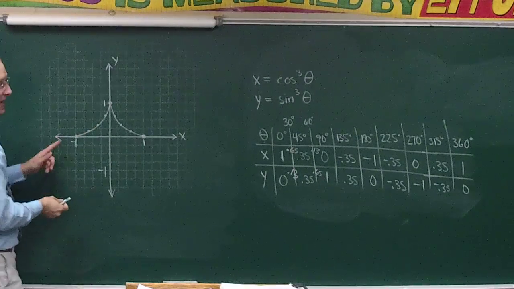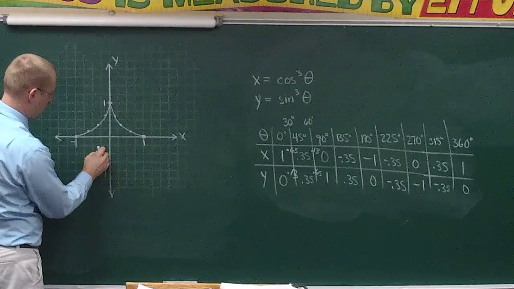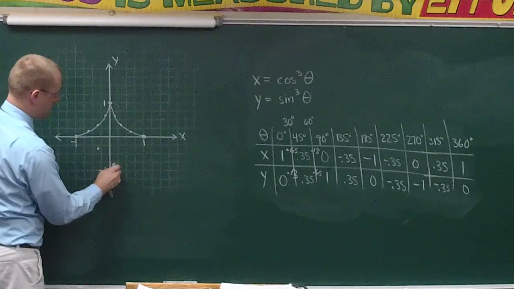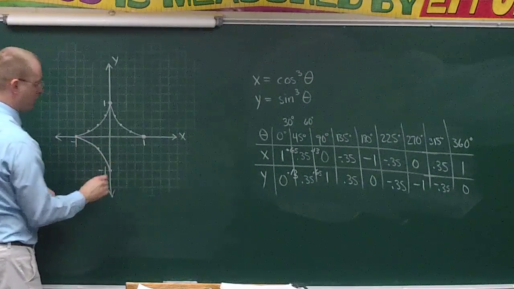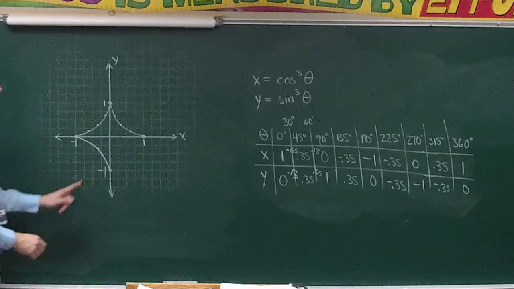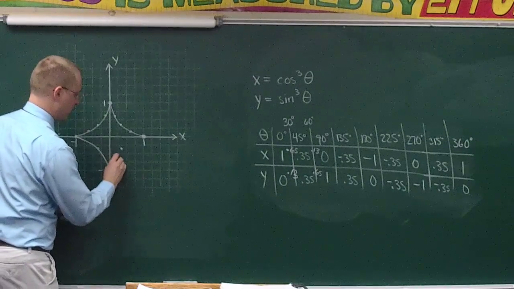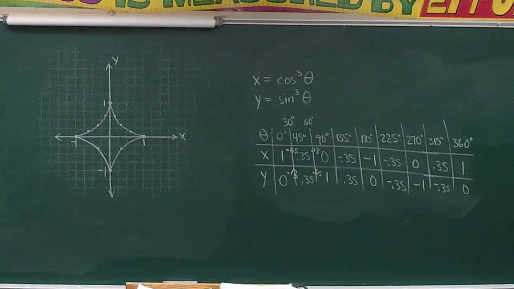Do you see the same thing's going to happen in the third quadrant? Negative 0.35, negative 0.35, and the 0, negative 1. And then again in the fourth quadrant, positive 0.35, negative 0.35. And we get that shape there.